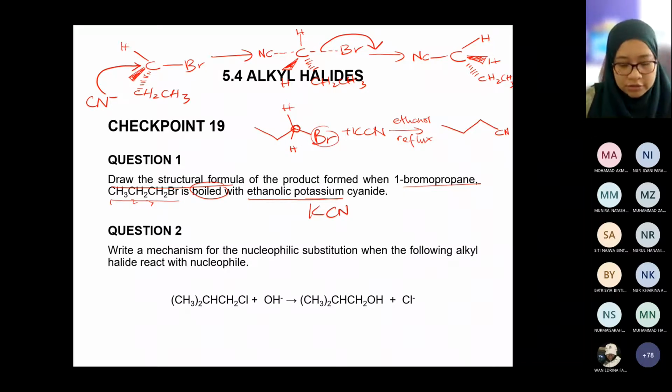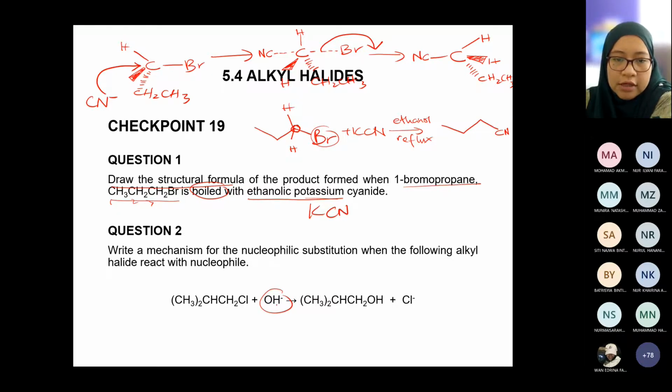Question number 2. Write mechanism for the nucleophilic substitution when the following alkyl halide react with nucleophile. Okay, so as you can see, the nucleophile use is OH minus. So dia straightforward je terus dia guna OH je, dia tak tunjuk sodium hydroxide and whatnot. Solvent or reflux ke, reagent condition ke, dia just tunjuk OH minus.